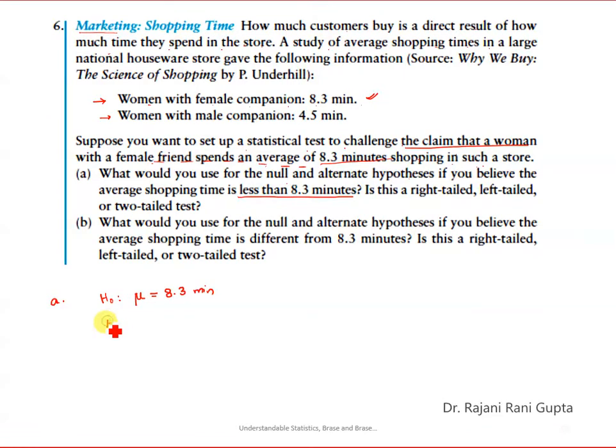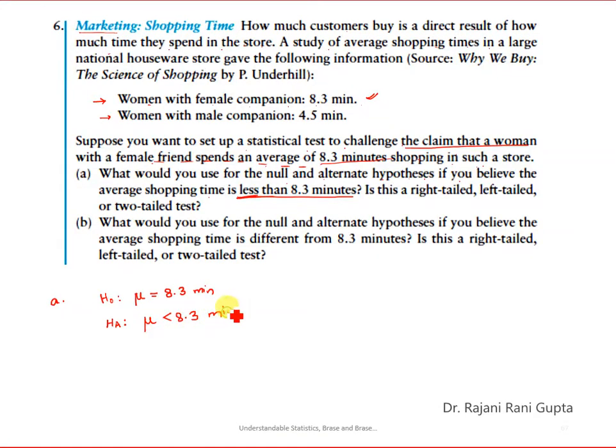Now we need to set up the alternate hypothesis. So what do we have to phrase from here? Look at the question: what would you use for the null and alternative hypothesis if you believe the average shopping time is less than 8.3 minutes? So in this case mu is less than 8.3 minutes.